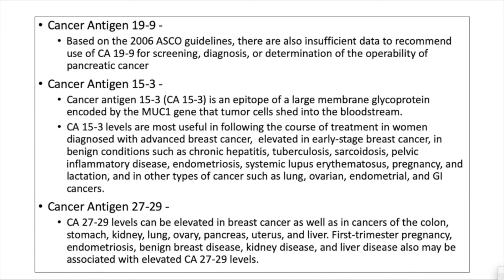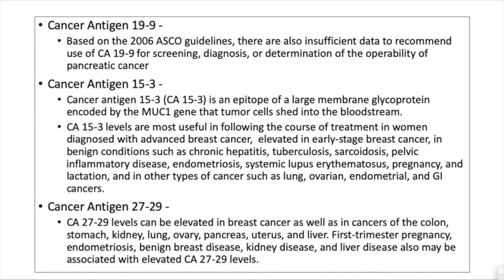Then there is cancer antigen 15-3, which is an epitope of a large membrane glycoprotein encoded by the MUC1 gene that tumor cells shed into the bloodstream. It is used in the treatment of women diagnosed with advanced breast cancer. It can also be elevated in early stage breast cancer, and in benign conditions such as chronic hepatitis, tuberculosis, sarcoidosis, pelvic inflammatory disease, and many other conditions.